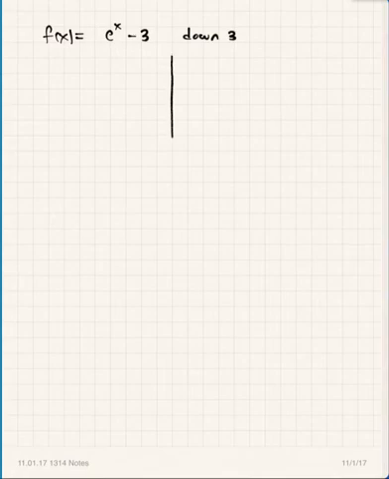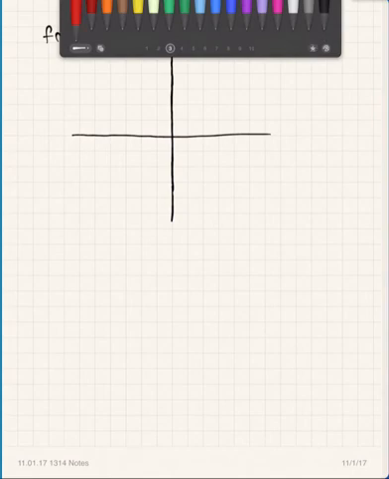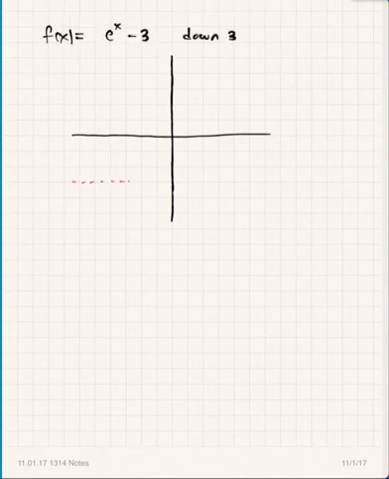When you have these vertical shifts, up or down, it's important to sketch in this horizontal asymptote. So where's the horizontal asymptote going to be? It's going to be down there at y equals negative 3.